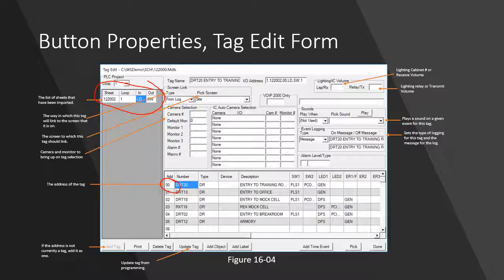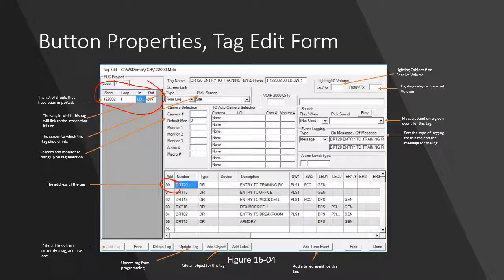If your tag changes, then you again can come in here and update your tag. If you want to add the object, instead of adding it by adding the object first, you can add it by adding the tag first by going to edit and then edit tags, and then you can add the object to the screen by selecting the add object, and it will add a default object type for that.